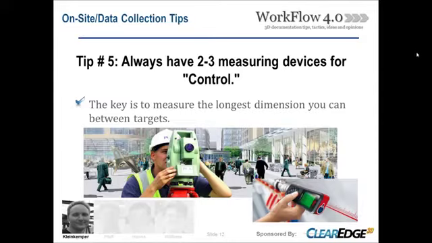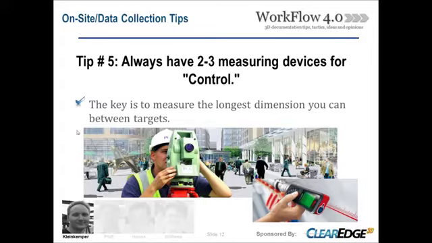On small jobs, we've implemented using a disto, but the trick is, one, get to the longest dimension you possibly can, and then compare that to the 3D scanner, and also measuring between targets.